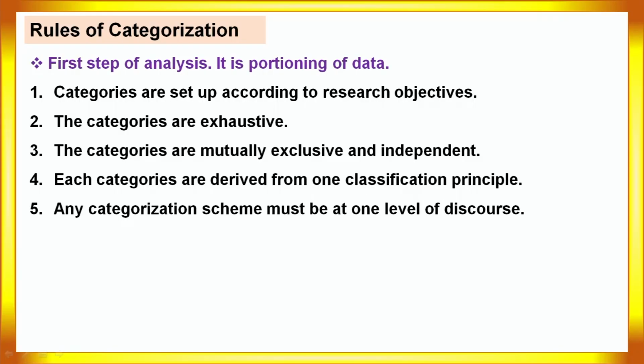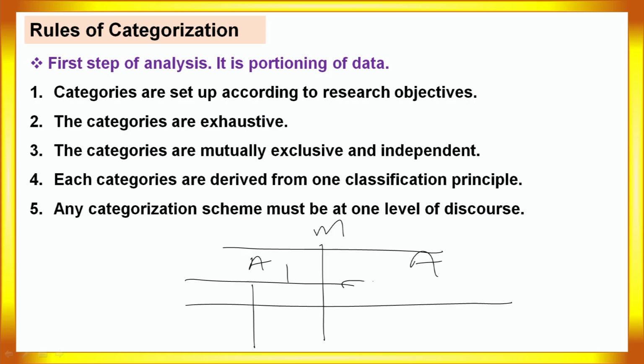So, what should it look like in this particular case? There should be methods, and in methods there are maybe two methods, A1 and A2. Under A1, there are two types of motivation, T1 and T2, and again under A2, T1 and T2.